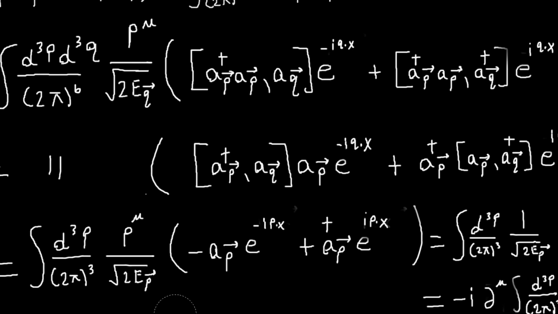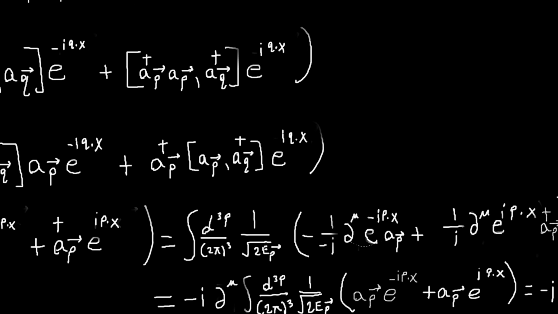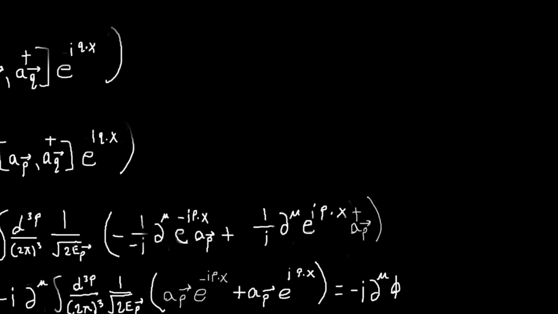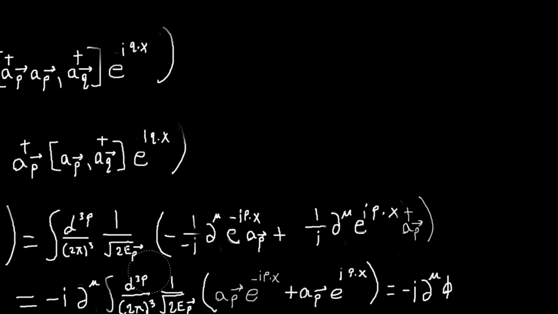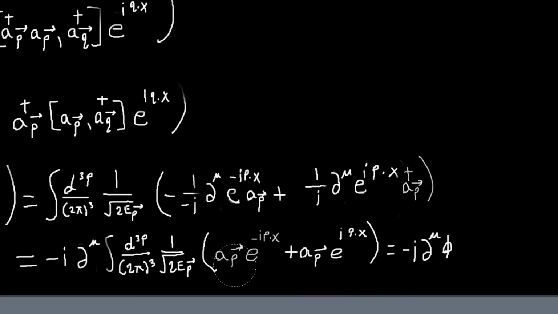So P mu is, in this term, like 1 over minus i d mu of this exponential, and here it's similar, 1 over i d mu of this exponential. Then you just pull that out, factor out a minus i d mu, and you get what you're supposed to prove, that this commutator is equal to minus i d mu phi.